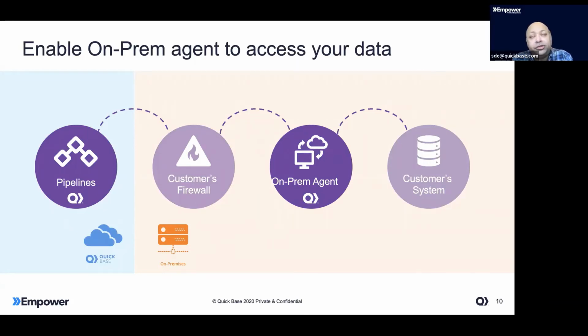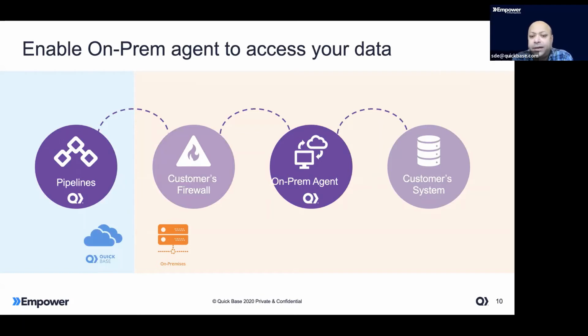And it can be hosted on Windows, or it can be hosted on Linux, or even on a Mac. And it works like any other service that you might think about. So on Windows, for example, it runs as a Windows service.